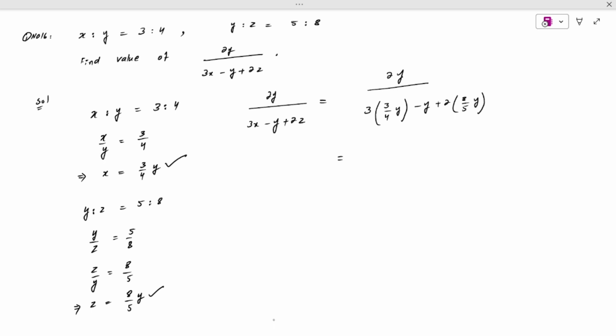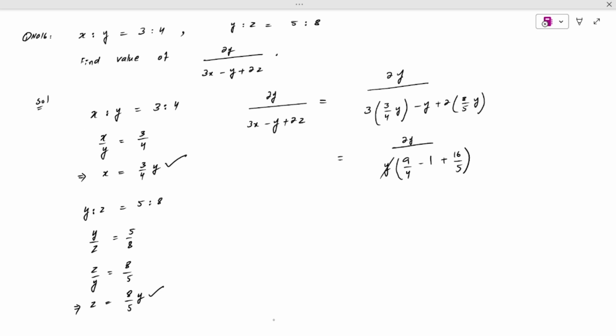Now we will simplify this. From the denominator, we will take y as a common factor. So taking y as common, we are left with 3 times 3 is 9 over 4 minus 1 plus 8 twos are 16 over 5. We are left with only this.